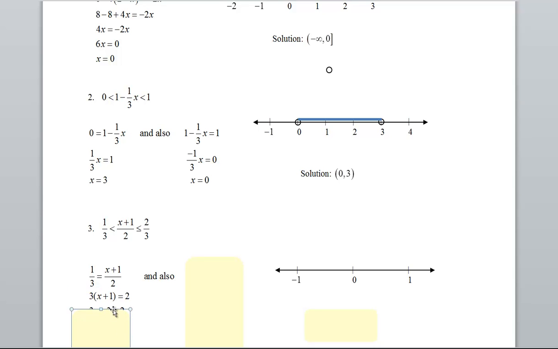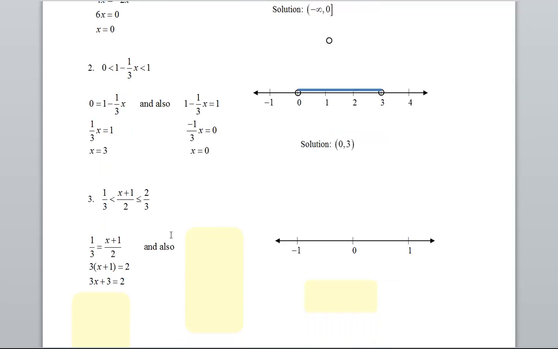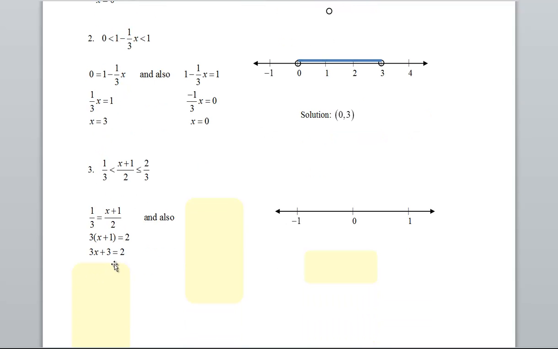Distribute the 3. So now I'm going to subtract 3. So I'm going to have 3x equals negative 1. And then divide by 3. So I'm going to have x equals negative 1/3. So this one, I need an open dot. So let me put it about right there.